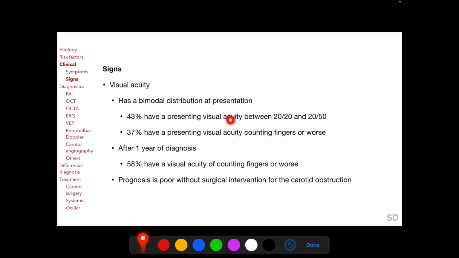The presenting visual acuity in eyes with OIS has a bimodal distribution, with 43% having a visual acuity better than 20/50 and 37% having a visual acuity of counting fingers or worse. But after 1 year of diagnosis of OIS, the visual acuity worsens, with 58% having a visual acuity of counting fingers or worse, and the visual prognosis is poor without surgical intervention for the carotid obstruction.